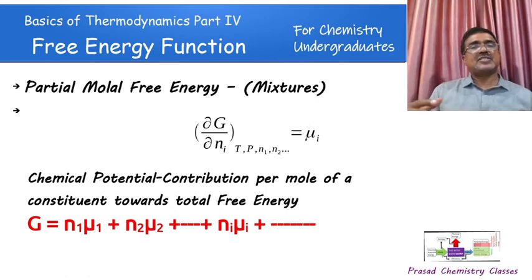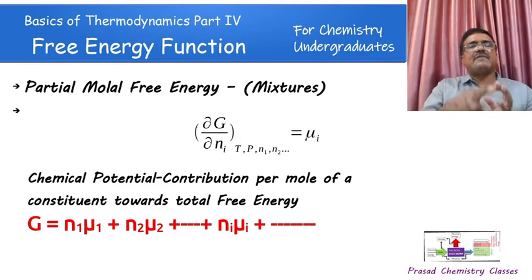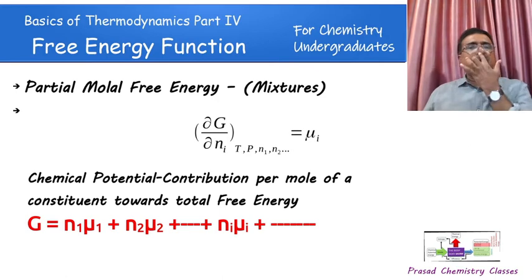So in a mixture, different components make their own contribution, and contribution per mole of one component is what we call partial molal property. Partial molal free energy is what we call chemical potential, right? So we can put it as (∂G/∂Ni) at constant T, P, N1, N2. The number of moles of all other substances are kept constant, and we change the number of moles of a particular substance. Then its differential is our chemical potential in differential expression terms.